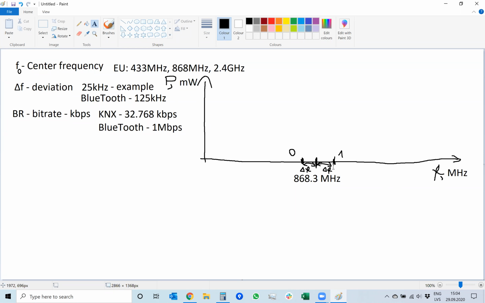So you send 1 for a long time, only then you switch to 0, you send 0 for a long time. You send data slowly so that a far away receiver understands and distinguishes ones from zeros better. So lower bitrate means higher range.